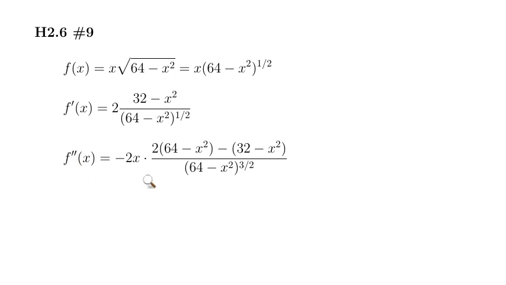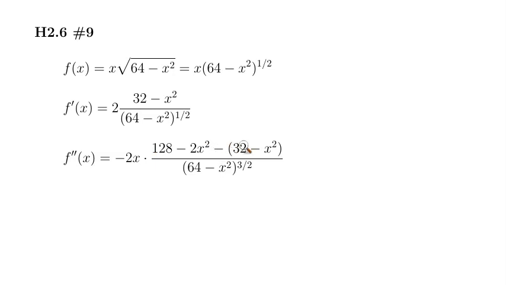Right, so if you multiply 2 and 64, it's going to be 128. So I'm going to just write 128. Then you have a 2 times negative x squared, so it's going to be negative 2x squared. So we get this, right?